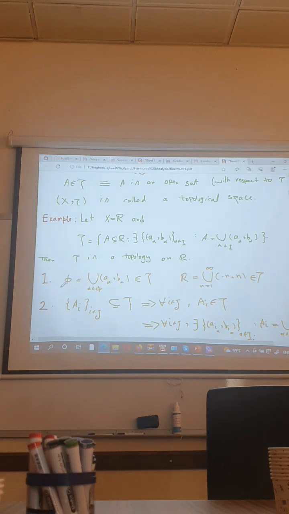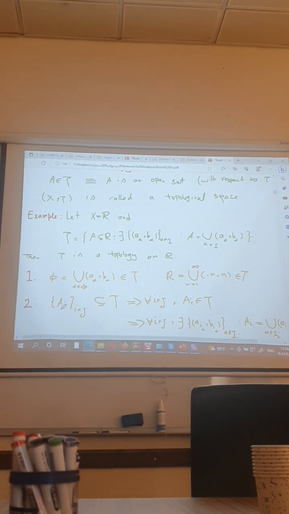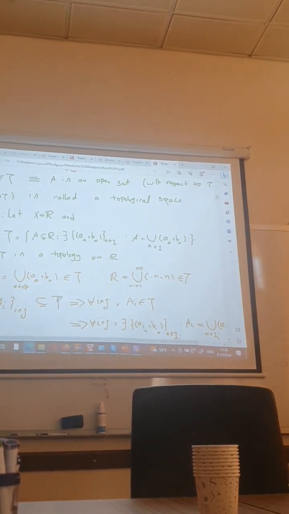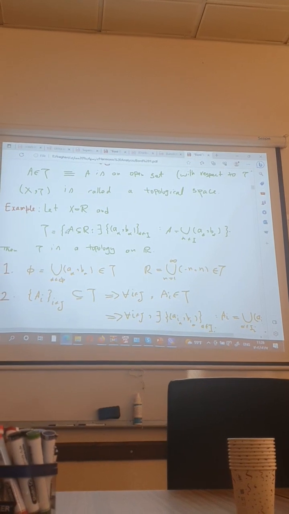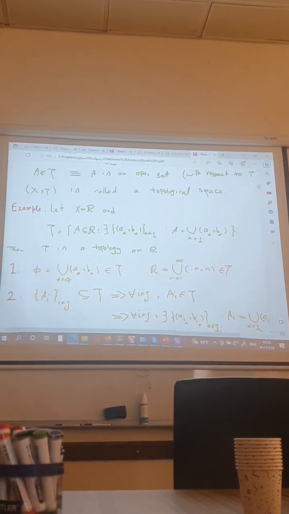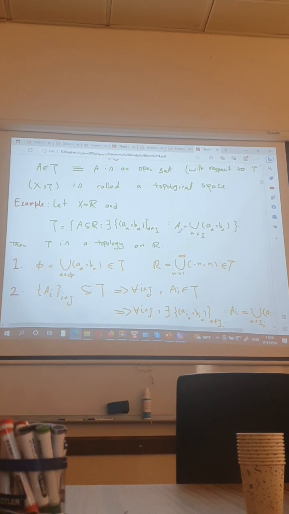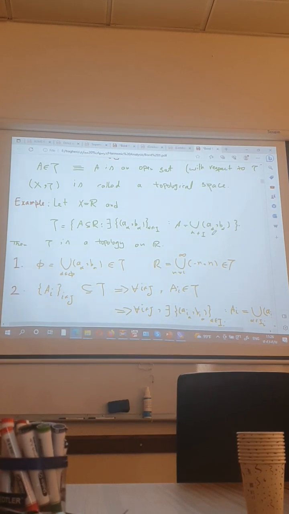So we have the first condition, the empty set and R belong to tau, this subset of P(X). Second, if we consider a family in tau, we must prove that the union of this family belongs to tau, okay? But what is tau? This topology consists of all subsets of R such that A is a union of intervals.